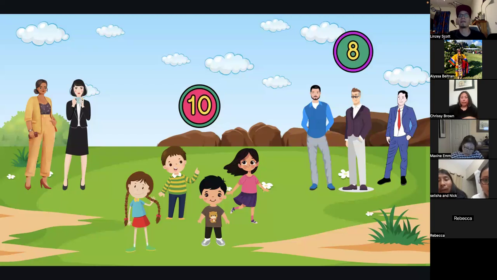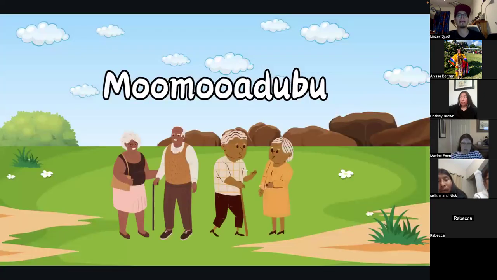All right then. I'll introduce one more plural term and then we'll call it a night. So a general term for older people or maybe even elders is mumuadubu. This is for plural. I know in McDermott and Pyramid Lake area, the D at the end is a T sound and the B would be a T. But for us here in the Shurs way, muadubu.